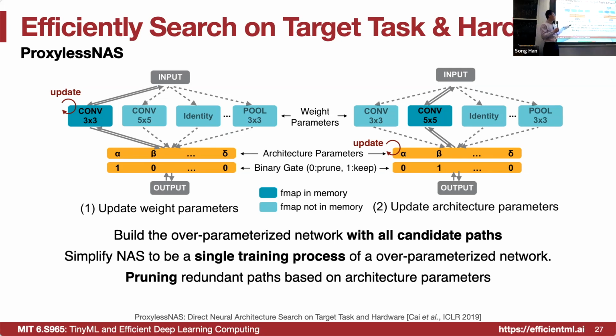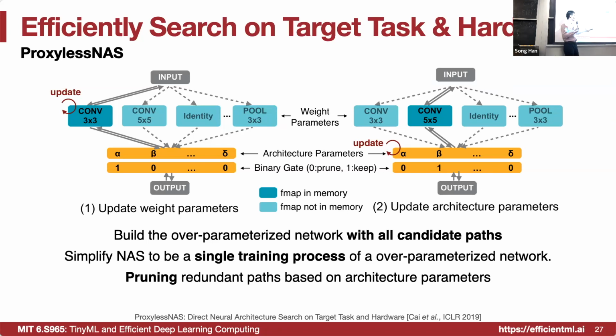Okay, so we build this over-parameterized network with all the candidate paths, like different kernel size, identity layer, zero layer, etc. All different candidate paths. So we simplify this NAS to be a single training process, right? Rather than many training processes, evaluate the accuracy and start from scratch, right?